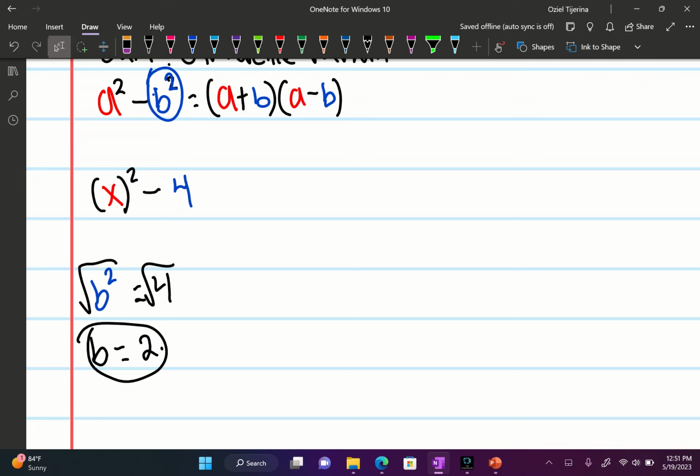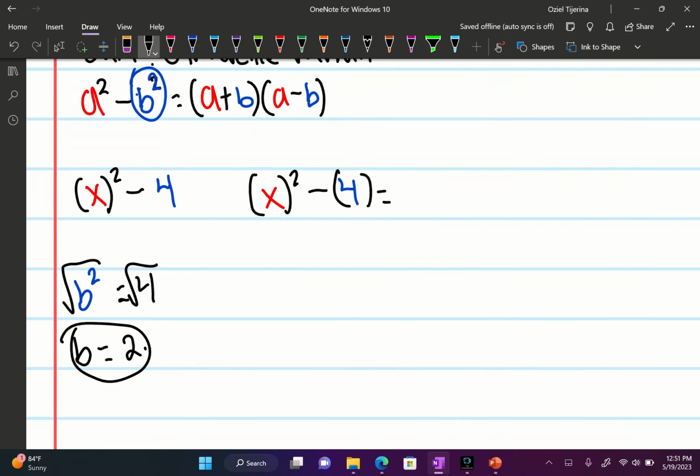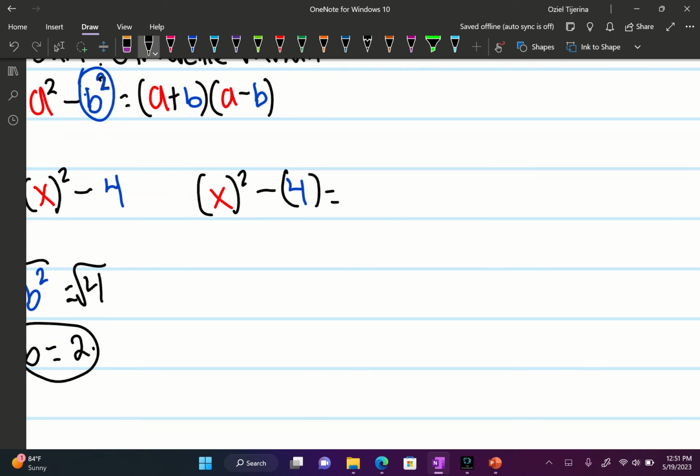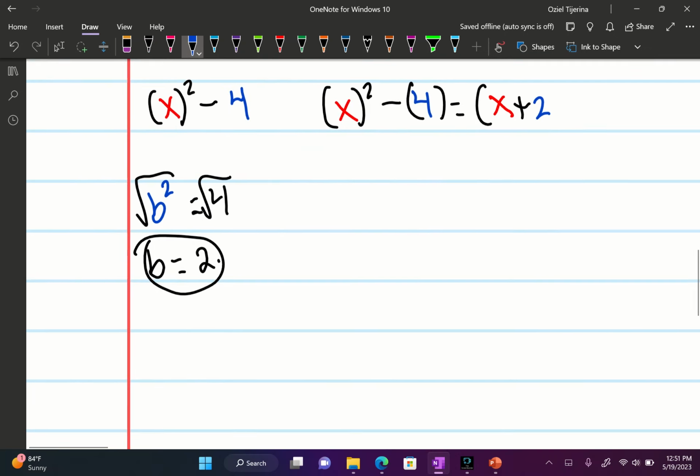Now, the way that we say this is the quantity x squared minus 4, right, is really equal to, and this would be the quantity x plus 2, because that was really what b was.